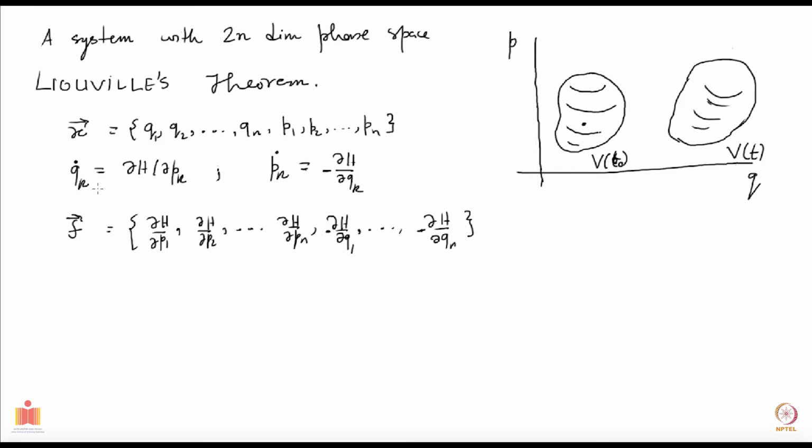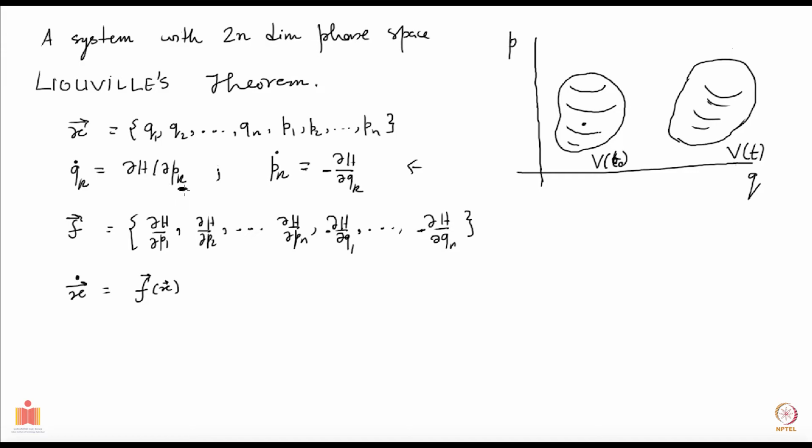So Hamilton's equations of motion, using the notation we have just written down, can be written as x dot is equal to f. If I look at, for example, x1 dot, it will be f1, which is ∂H/∂p1, and x1 is q1. So q1 dot should be ∂H/∂p1, which is correct.